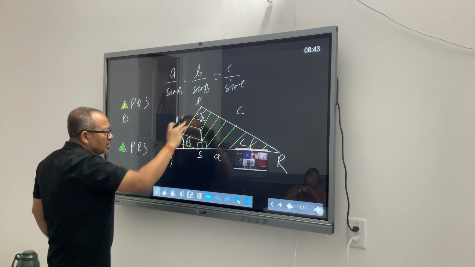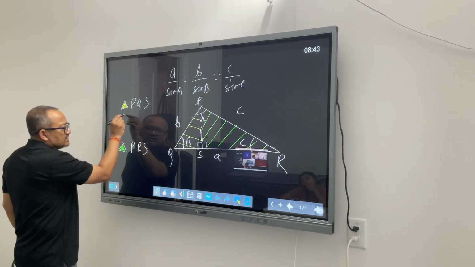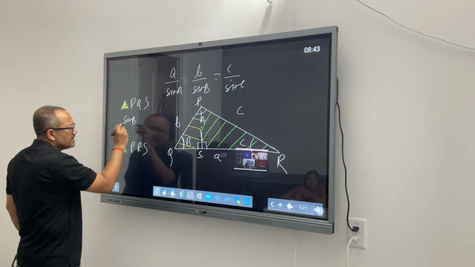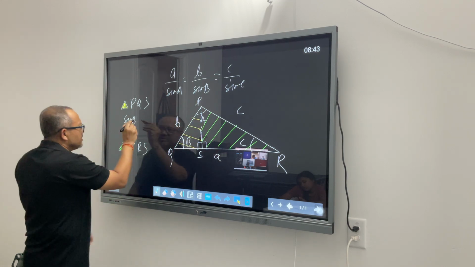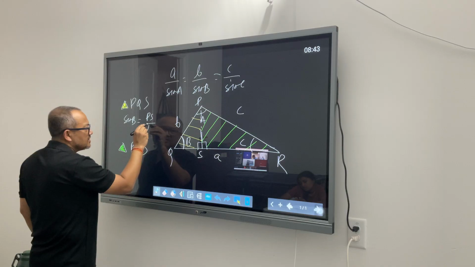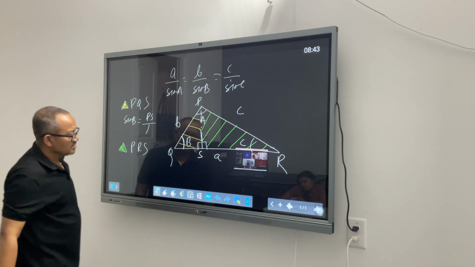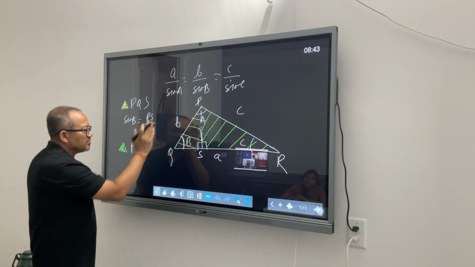PS is the side opposite to this angle B. So applying SOHCAHTOA, sine of B will be equal to PS divided by the hypotenuse, which is B. What am I doing right now? I am messing up.